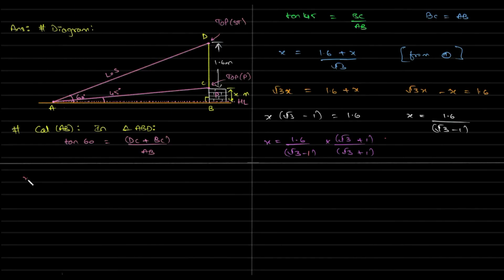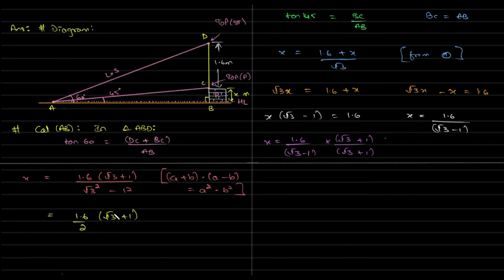So we have X is equal to 1.6 into root of 3 plus 1 divided by a square minus b square. So a plus b into a minus b is equal to a square minus b square. This is the identity we are using. So this is 3 minus 1, that's 2. So 1.6 divided by 2 into root of 3 plus 1.